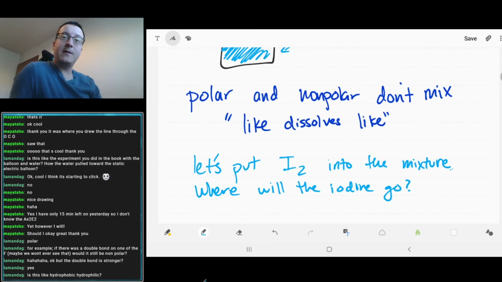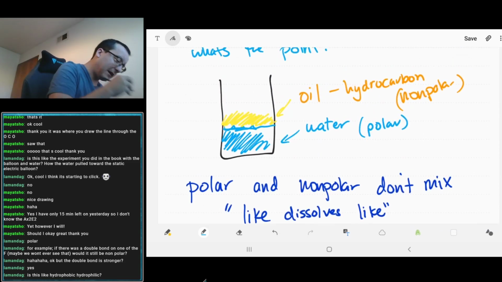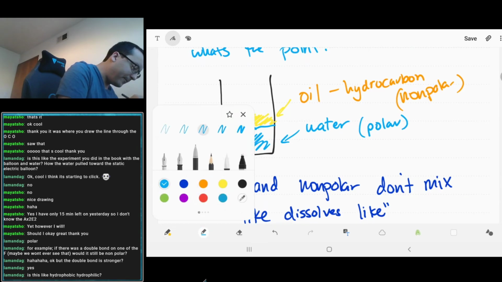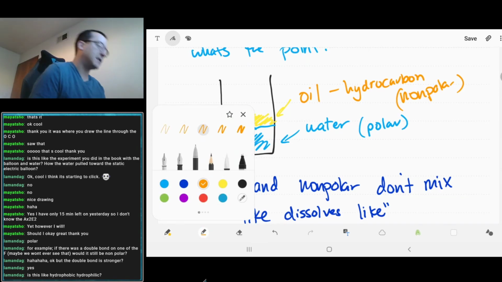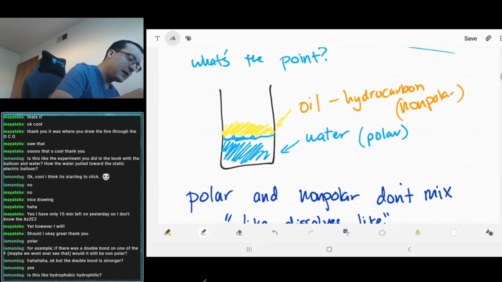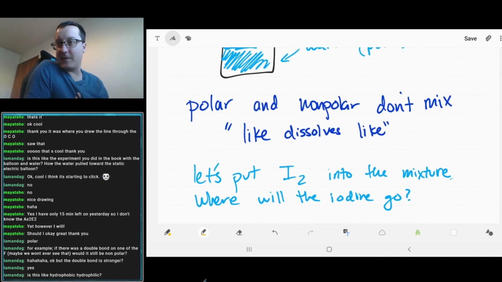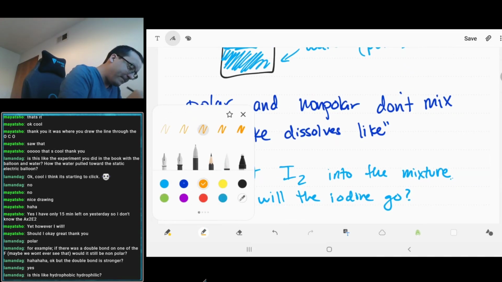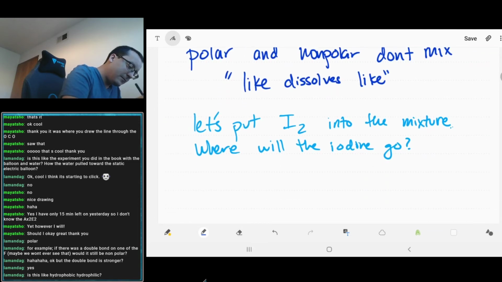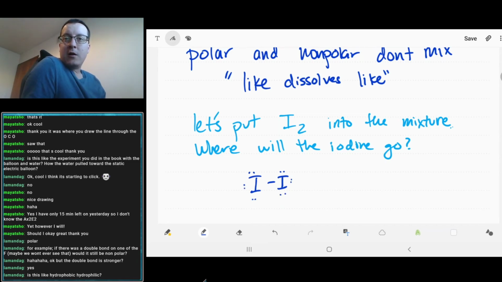Yes, it is. That technically we're going to talk about in 2 chapters, but that's the idea. Hydrophilic and hydrophobic are more specific cases, but it's the same idea. I'm not even going to write that right now. But that's the idea, for sure. So iodine's Lewis structure. What do we think? Is this going to be polar or not?